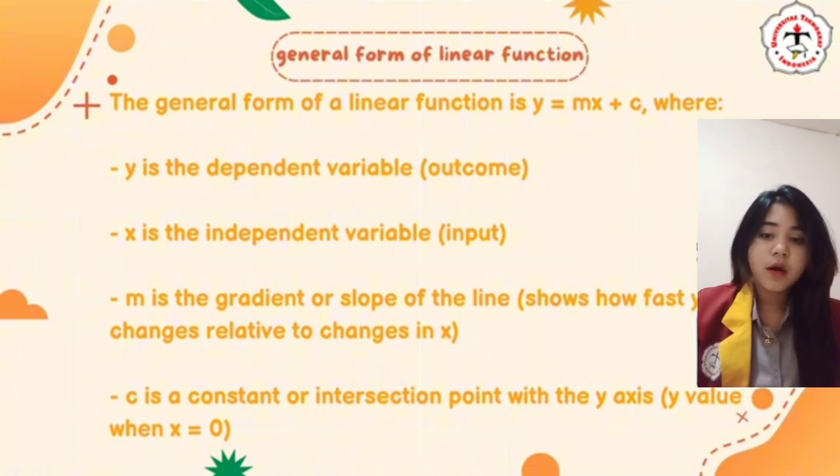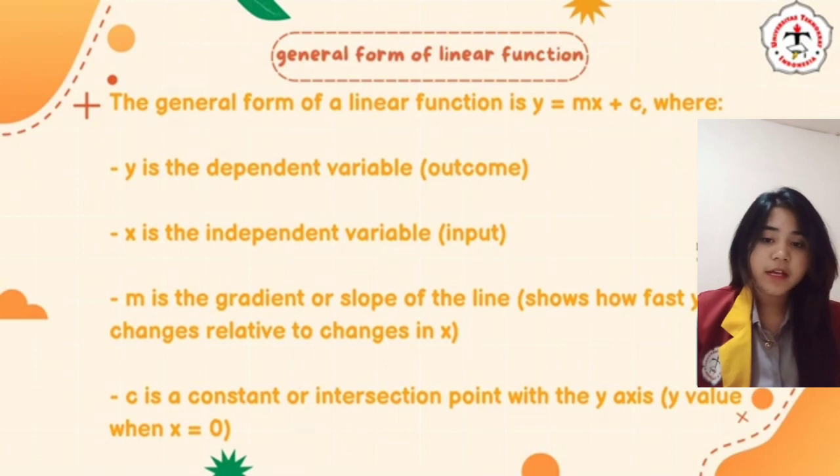Number 2, x is the independent variable, the input. Number 3, m is the gradient or slope of the line. It shows how fast y changes relative to the change in x.